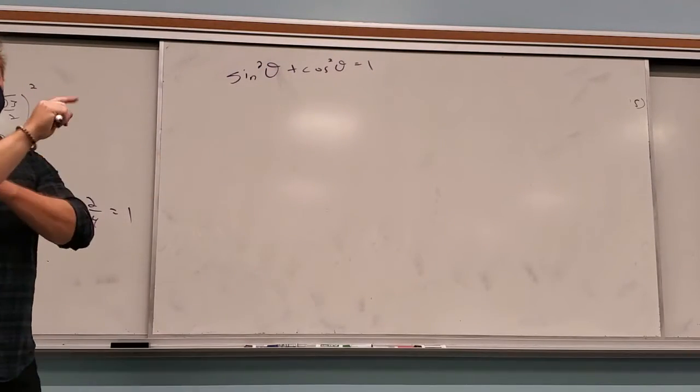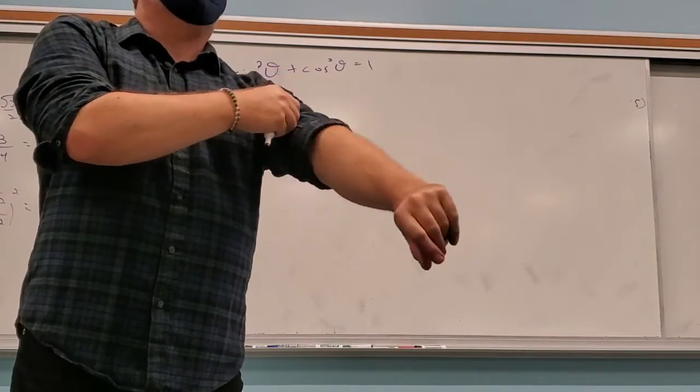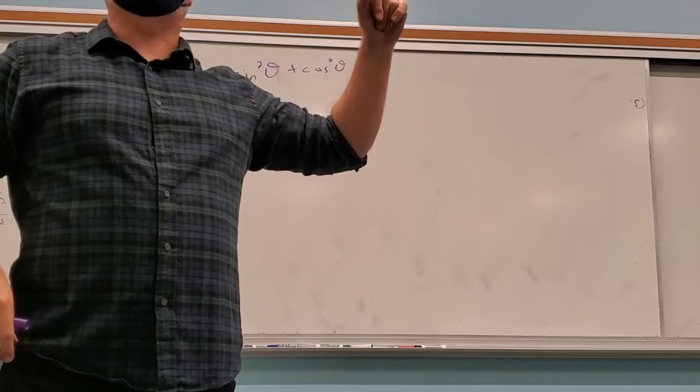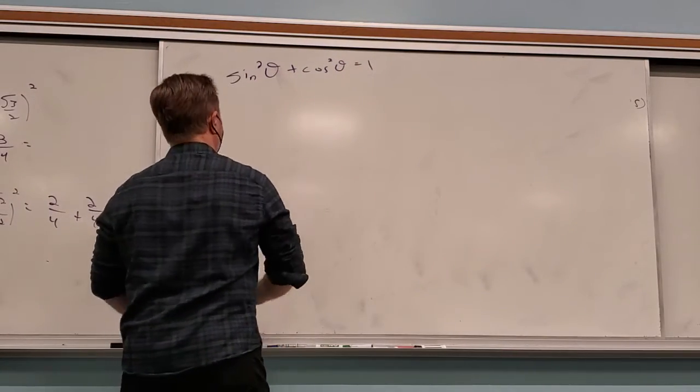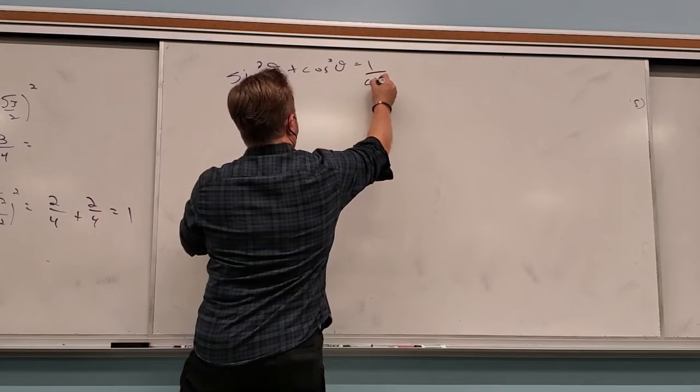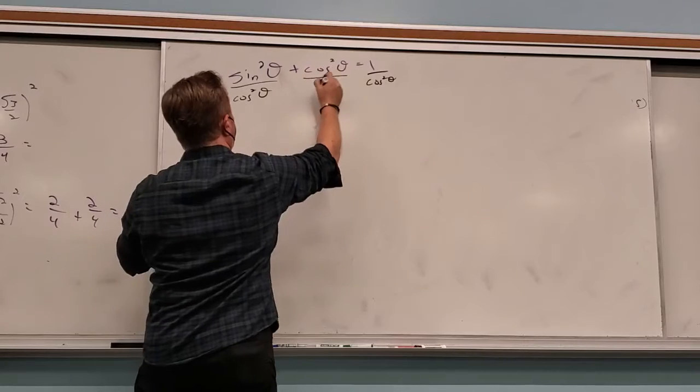Now, let's just mess with this. Can you take a second and divide both sides by cosine squared? I'm going to do it like this. Divide by cosine squared, divide by cosine squared, divide by cosine squared.